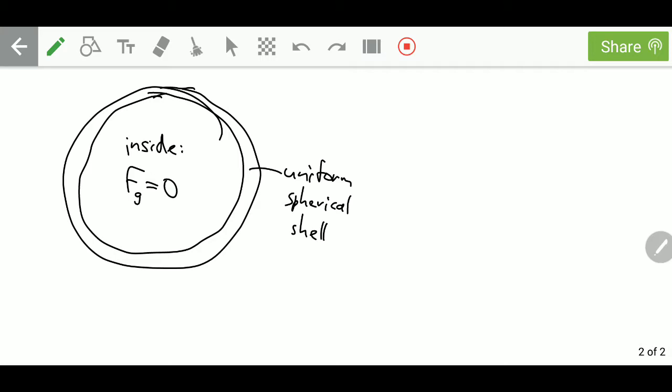Now outside, the force will be the same as if it were a point mass at the center with the same mass.